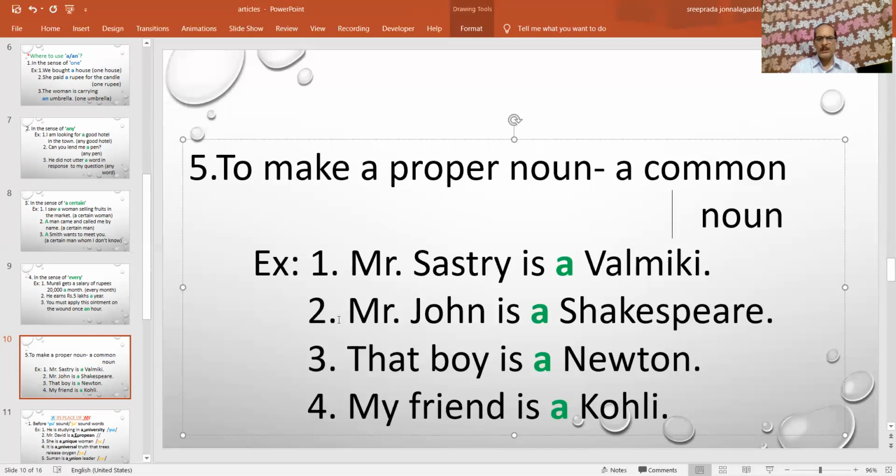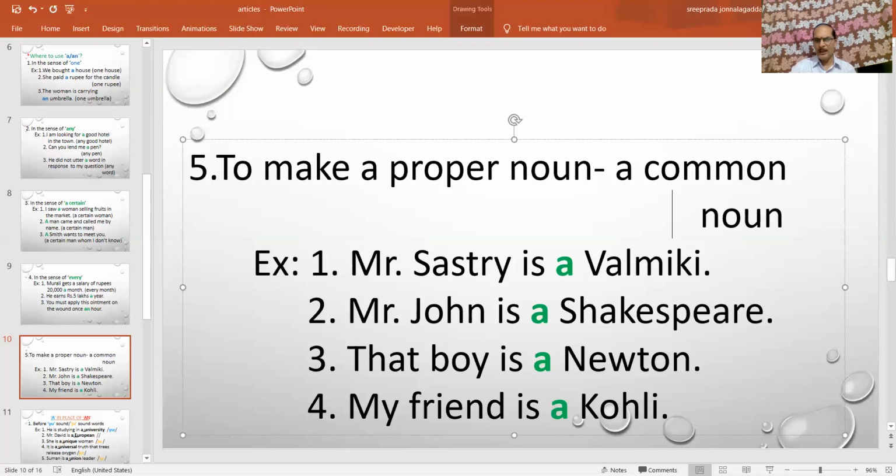Next, Mr. John is a Shakespeare. Shakespeare is a proper noun, but we are comparing this great person's name with another proper noun. That's why we are reducing Shakespeare to a common noun. Next one: that boy is a Newton.